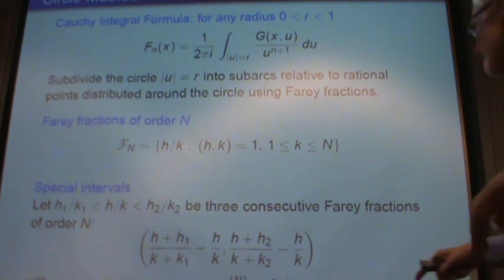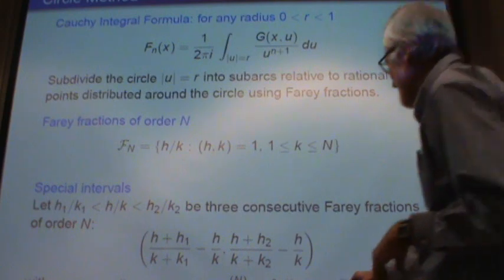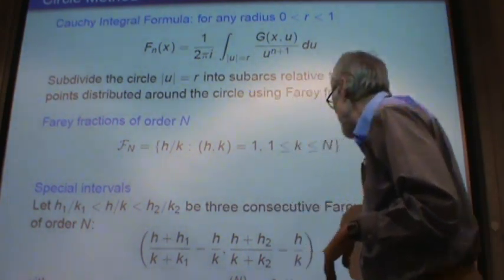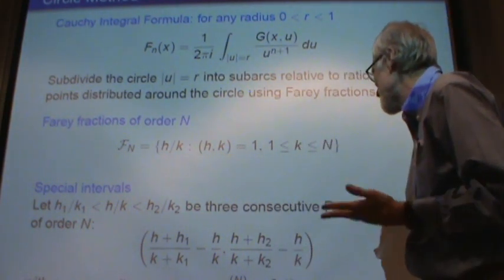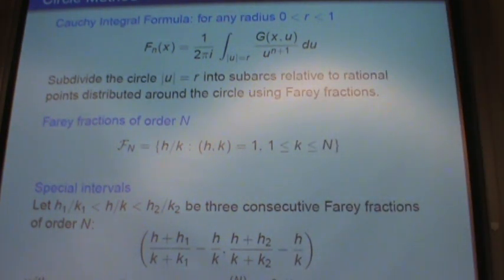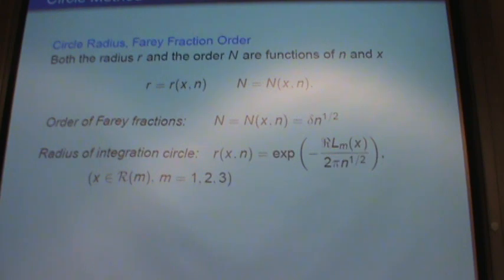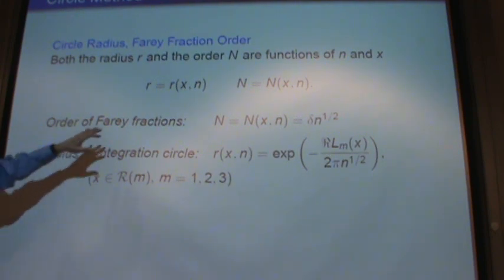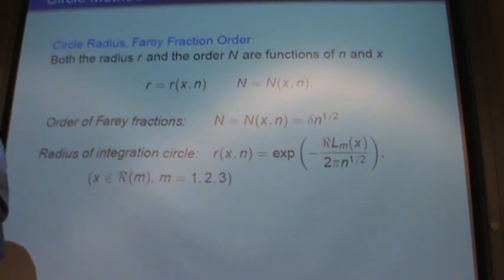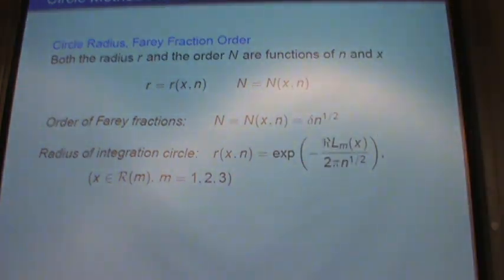And then all the corresponding arcs are decorated by these indices, h and k, that's the typical notation, rather than the actual fraction. And capital N indicates the degree, the so-called order, of the Farey fractions. All right, so to apply the Farey fractions in the circle method, the radius of the circle will approach 1, and the order of the Farey fractions will also depend on the degree.